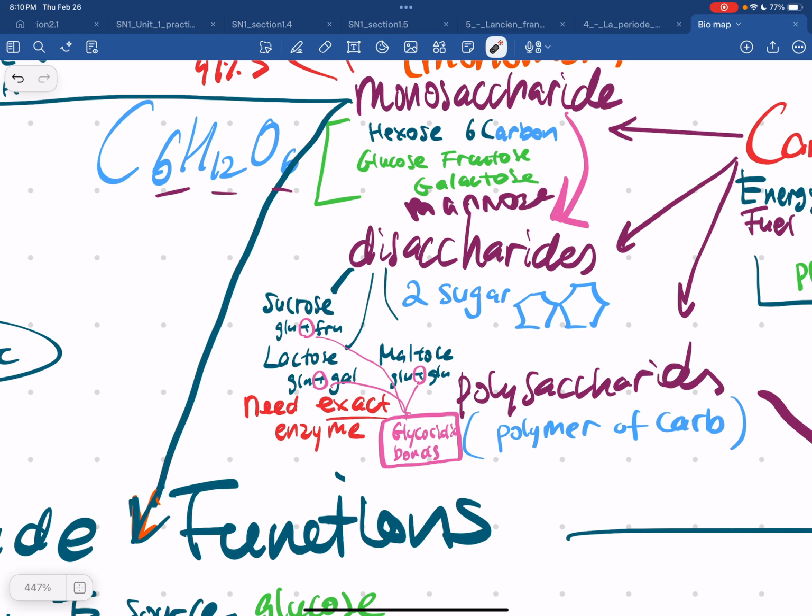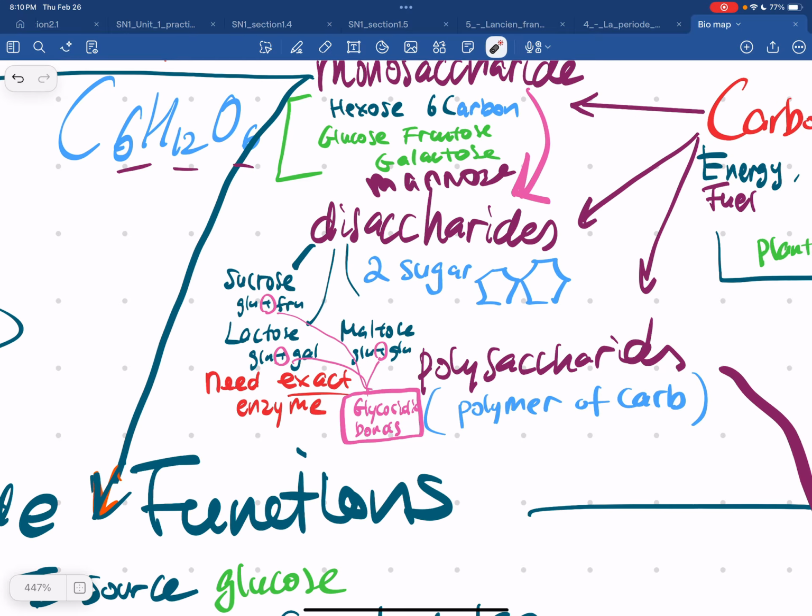Sucrose is made out of glucose and fructose. So fructose and glucose will make sugar, basically, sucrose. Lactose is made out of glucose and galactose. Glucose and galactose will make lactose. And maltose is the one made out of glucose and glucose. Glucose and glucose will make maltose.